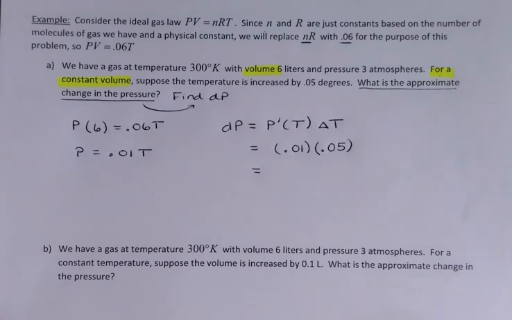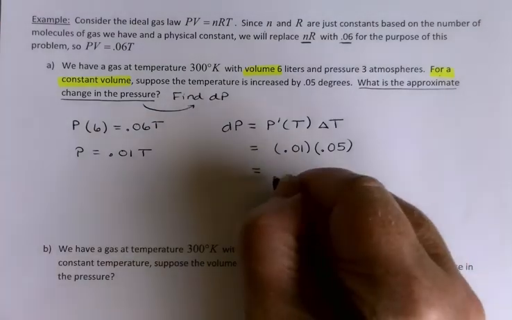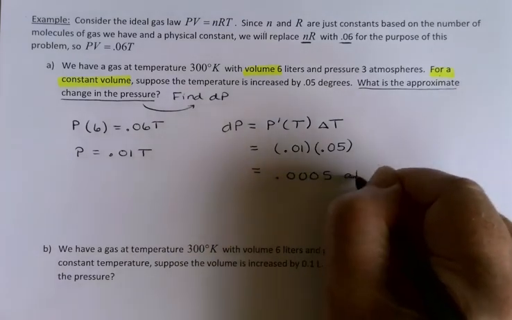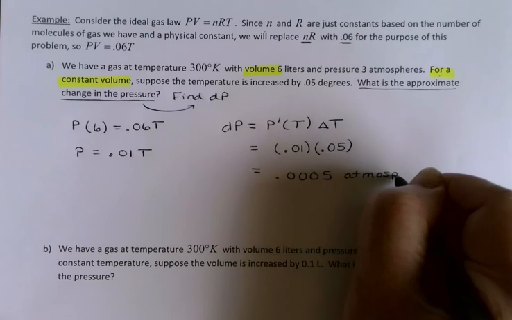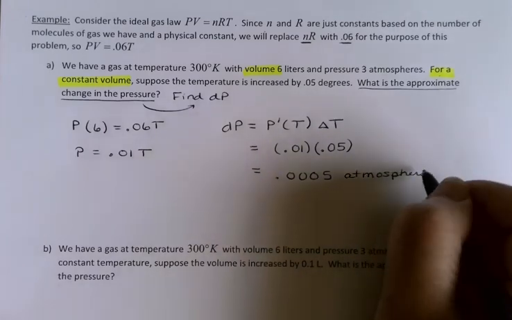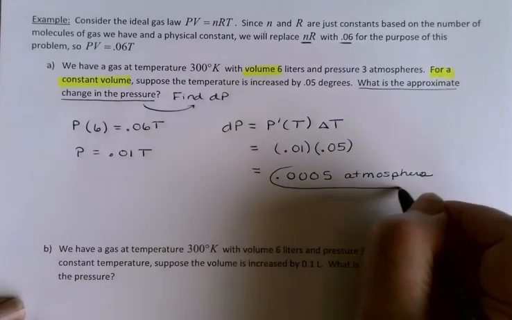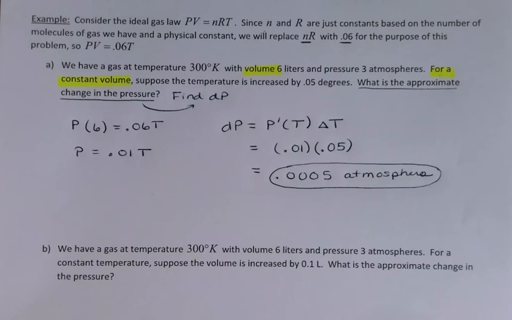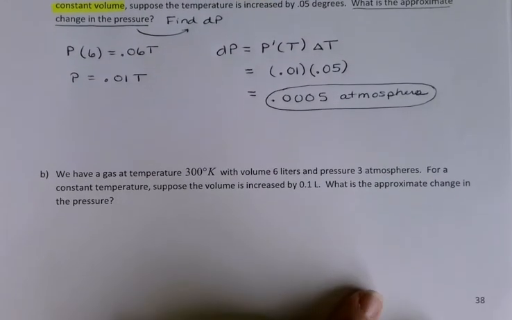And let's see, that's just going to give me 0.0005 atmospheres. All right, so there's our change in pressure, it's approximation, but our approximate change in pressure for an increase of 0.05 degrees.